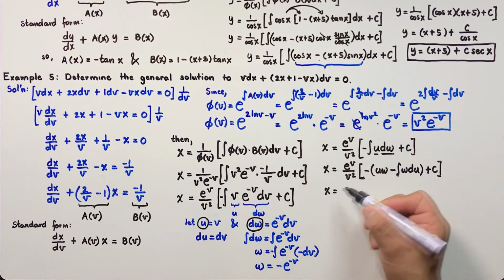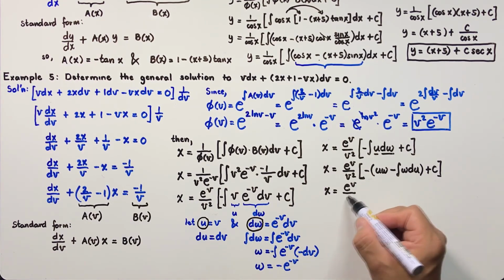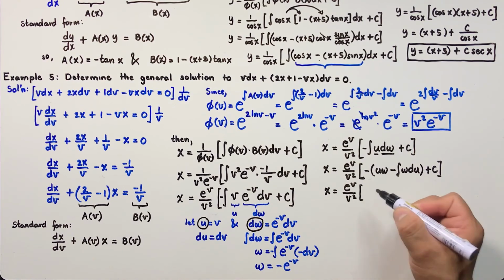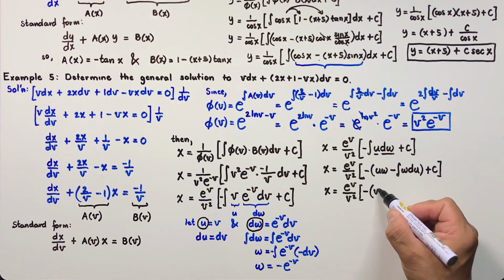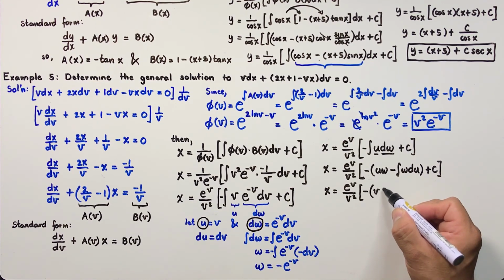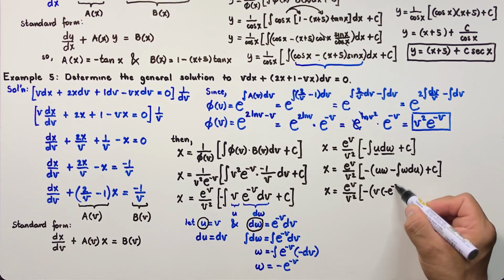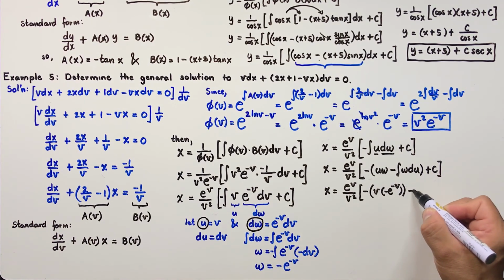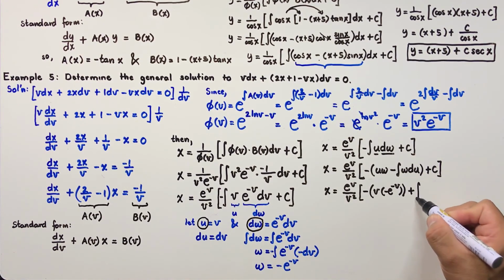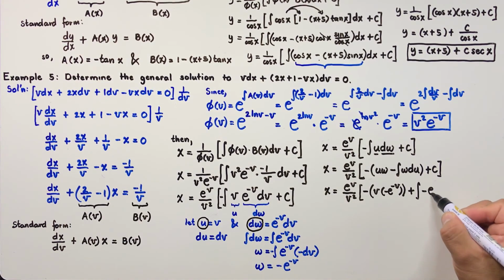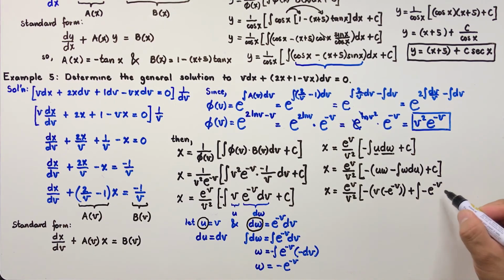So x is equal to e to the power v over v squared times the negative of the quantity of u, which is v, and our w, which is negative e to the negative v, plus, because the negative of the negative is positive, the integral of w, which is negative e to the negative v, times du, which is dv here. And this is added to the constant of integration c.